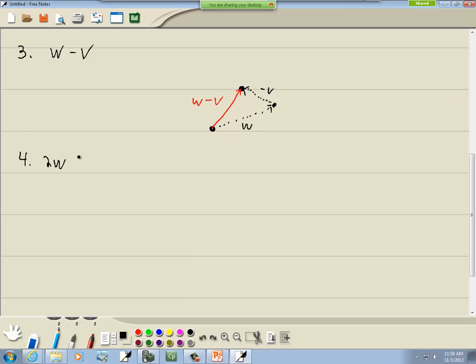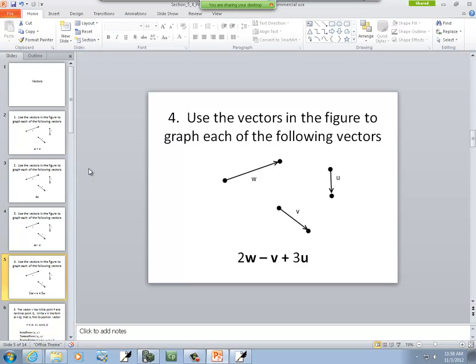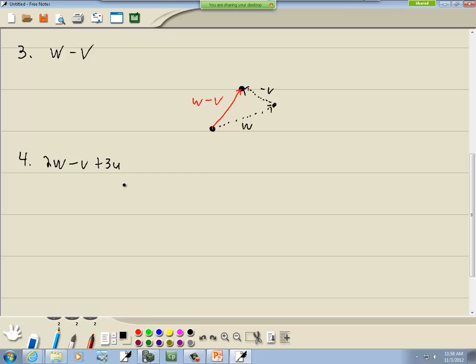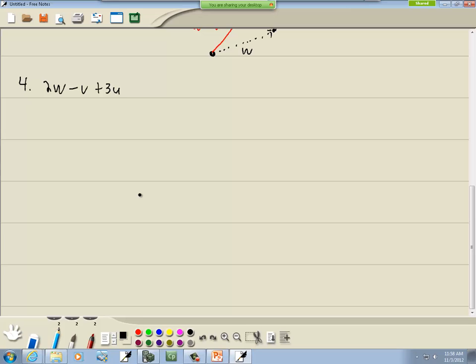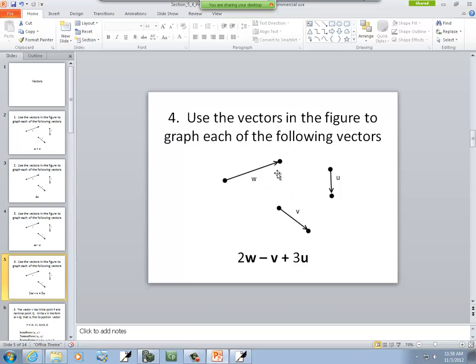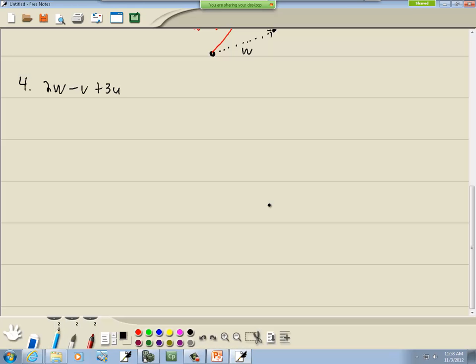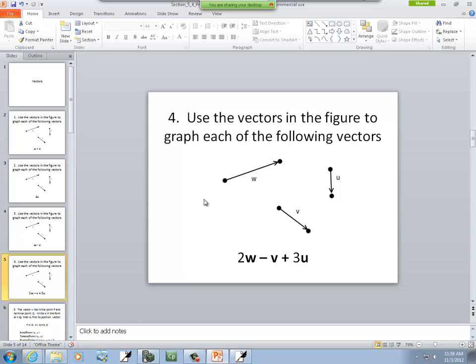You got 2w minus v plus 3u. Okay, I think I got an idea of where. You have to make sure you have enough room. 2w.